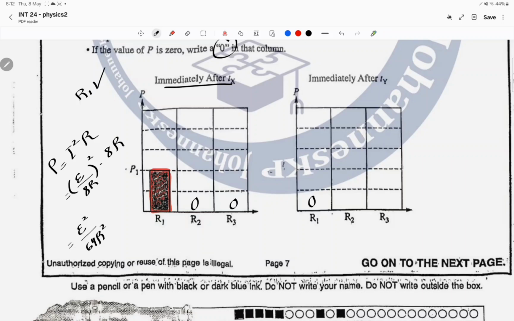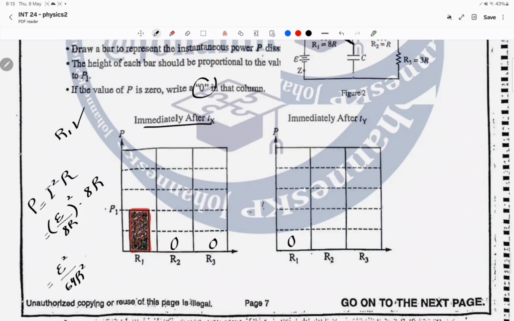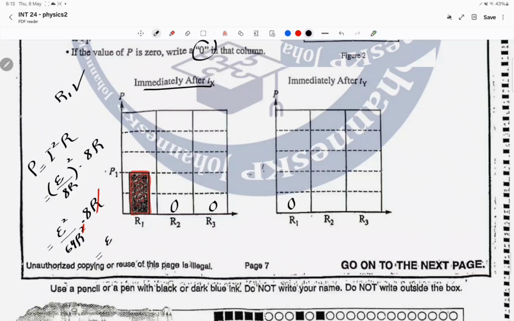It's 8R, right? You see, it's 8R at time of X. So instead of R, put 8R. So times 8R. And now remove the R with this square. So we'll get EMF squared over 8R. So EMF squared over 8R is equal to 2 bars. Are you confused? No.